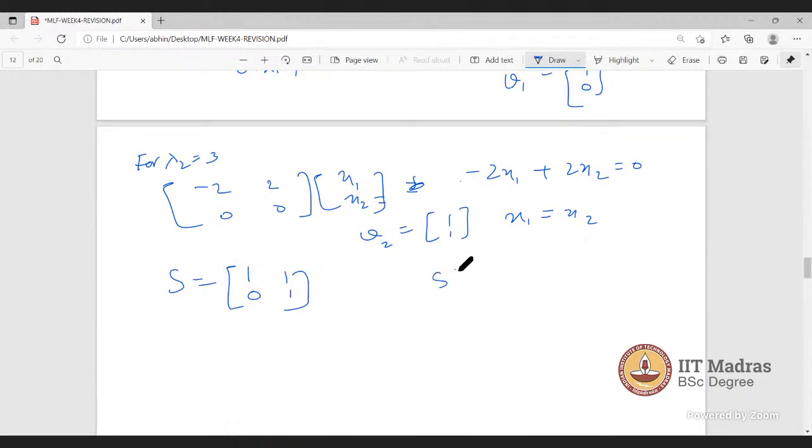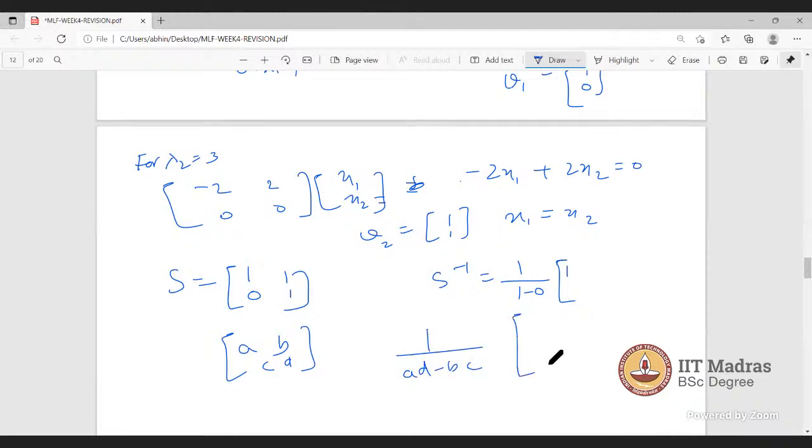Now you find S inverse. If you remember the shortcut: if you have a 2 cross 2 matrix A, B, C, D, and you want to find its inverse, then you take 1 upon AD minus BC.